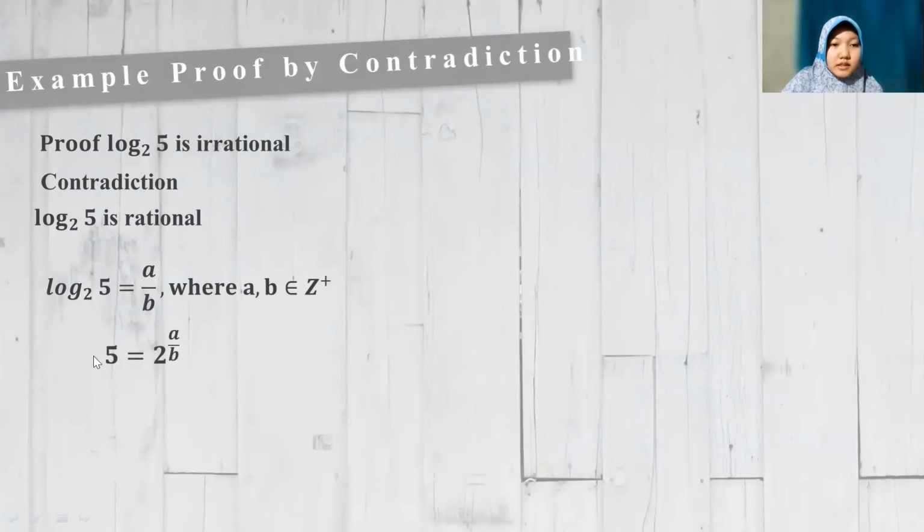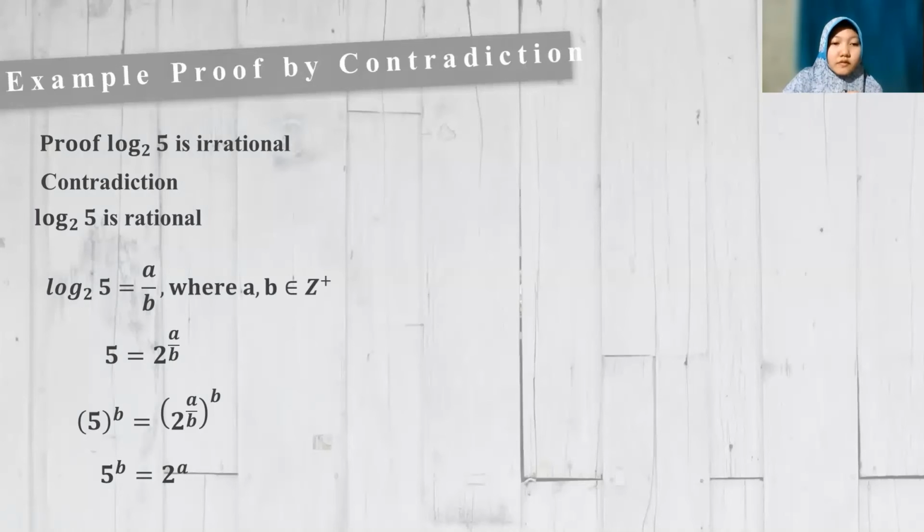So we can change log base 2 of 5 equals a over b to 5 equals 2 power a over b. And we raise both sides to the power b. So we get 5 power b equals 2 power a.